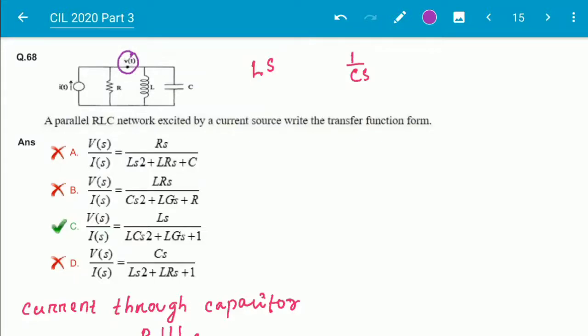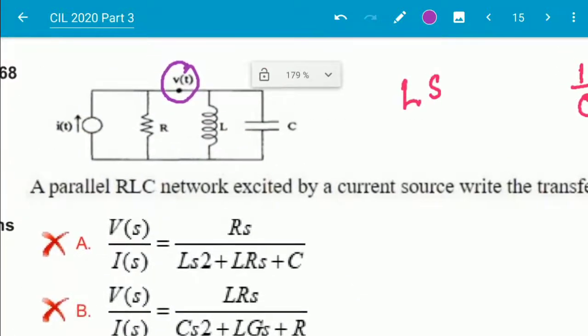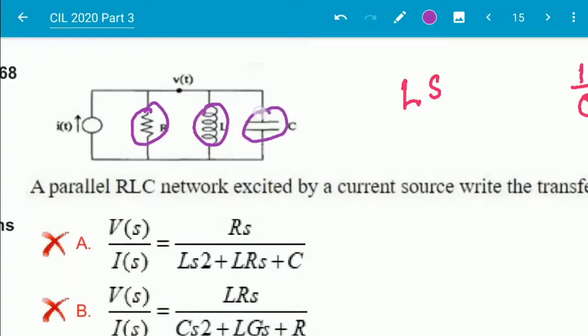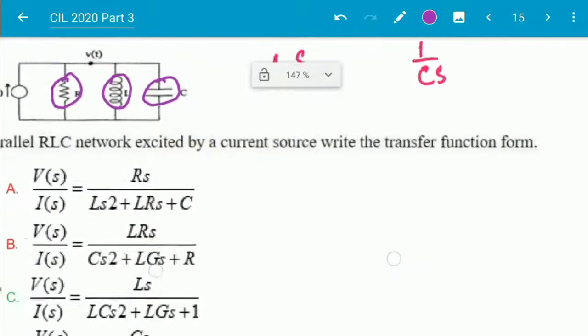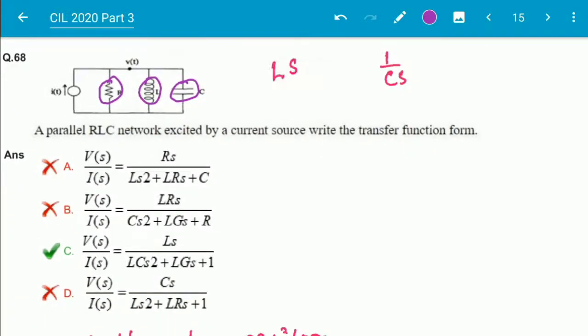If I zoom in, here is Vt, and Vt is the total voltage from here to here, and the voltage across the resistor, inductor and capacitor is the same. Hence we are working with respect to the capacitor, and in Laplace terms the inductor is given as Ls, and the capacitor is given as 1 by Cs.